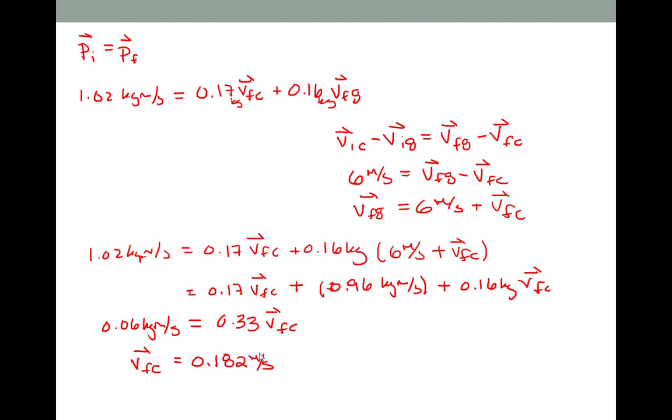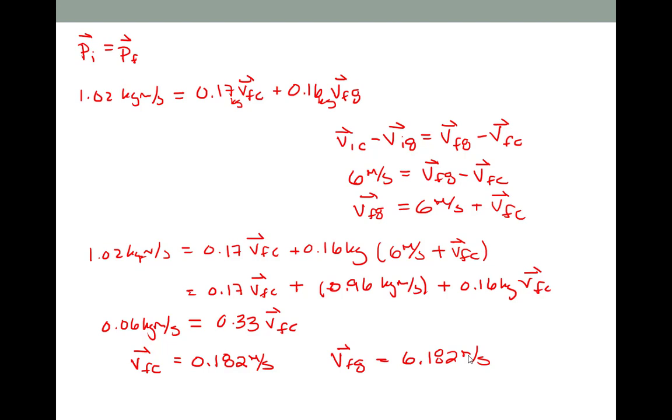So it went from moving at 6 meters per second to barely moving at all. The final velocity of the 8 ball is now going to be 6 plus that number, so that will be 6.182 meters per second. So in many ways, the two balls have exchanged velocities.